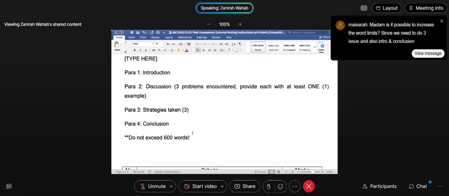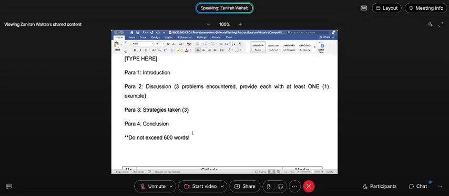And the last one is the conclusion. The conclusion is just one. Even one complete sentence is fine. The conclusion is just a closing sentence, and you don't have to literally repeat everything.